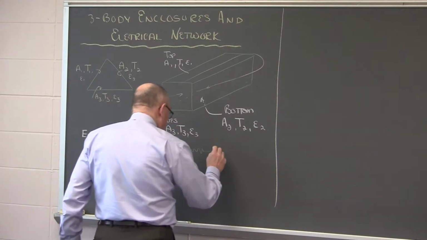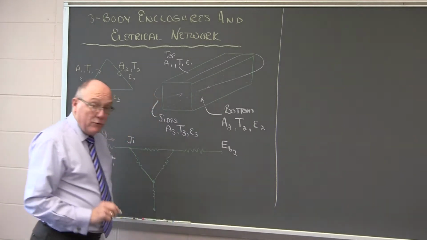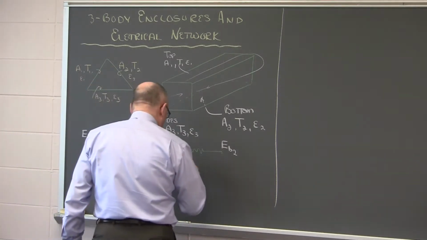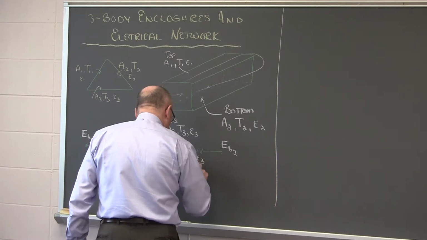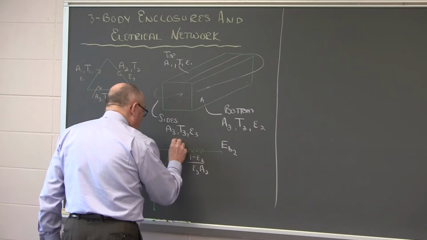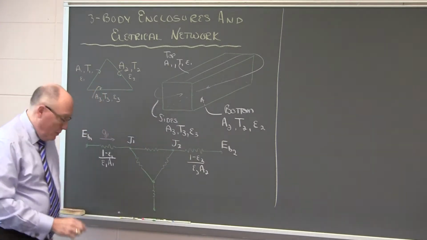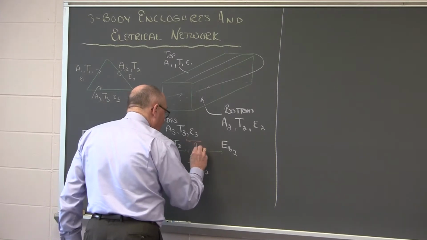Then this would be the black body emissive power at 2 over its surface resistance, 1 minus epsilon 2 over epsilon 2 A2, and this would be the radiosity at 2. And this would be Q2.